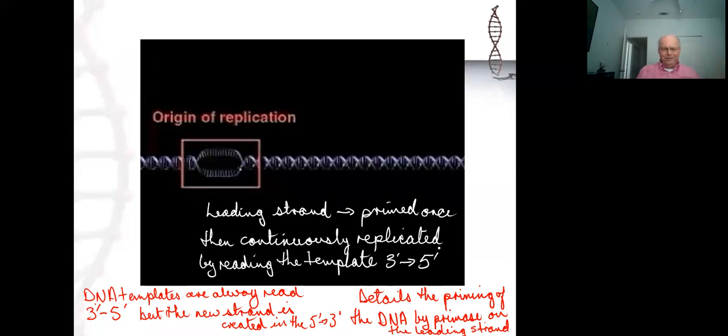So again, the template is read 3' to 5'. So the leading strand only ever gets primed once at the origin of replication, and then as the replication bubble opens up and the replication fork gets created, the DNA polymerase starts reading that strand 3' to 5' and just continuously copies it as the fork opens up. So that's the leading strand.